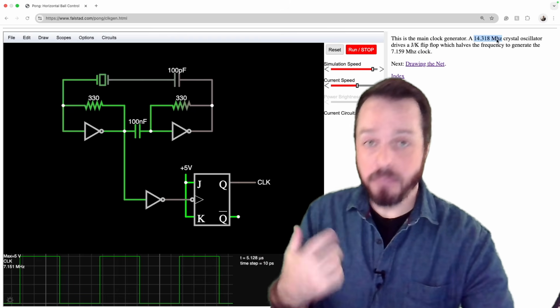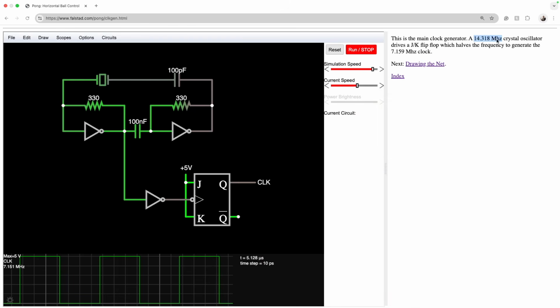So the speed that you actually need for the Pong arcade game to work is 7.159 megahertz. So you're going to have to shrink this value, and to divide by 2, we are using this JK flip-flop.